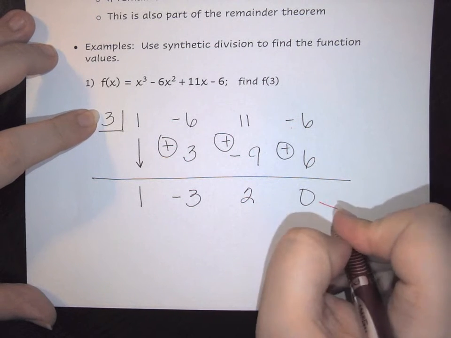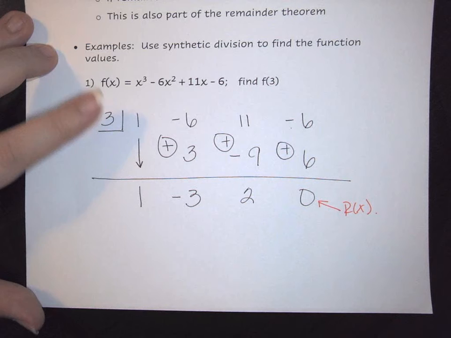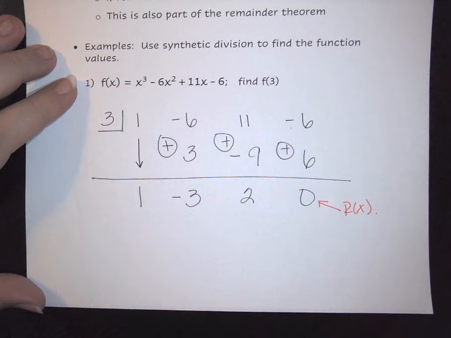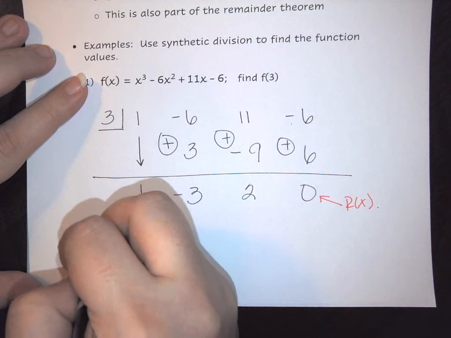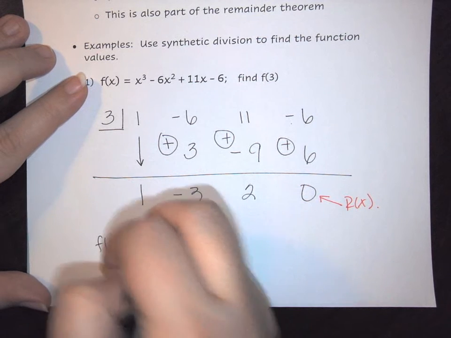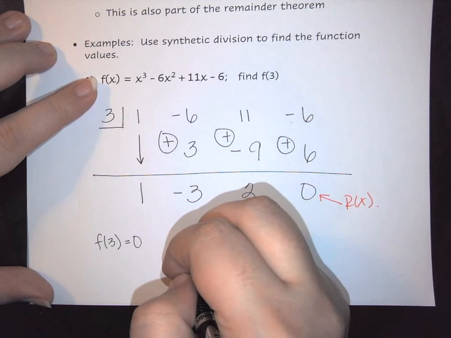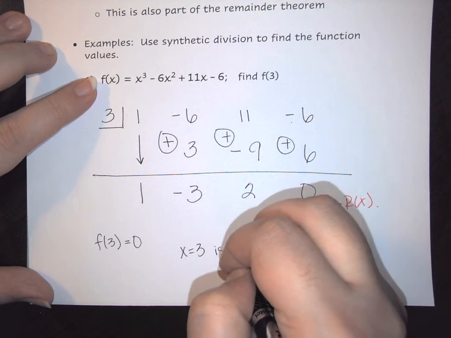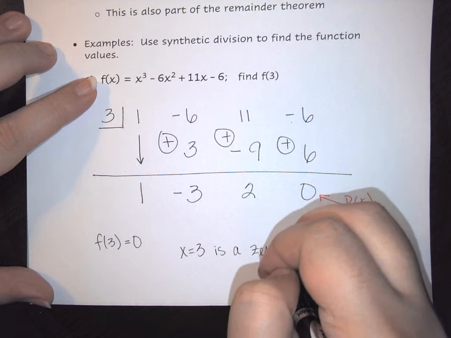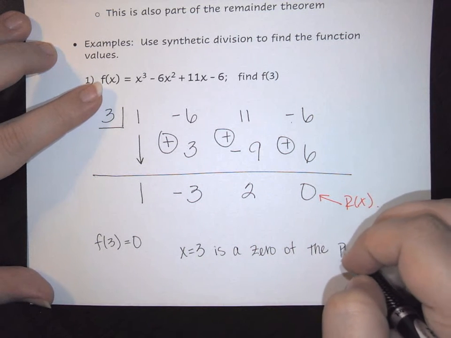This is your remainder. Because that's a 0, what that means is, first of all, f of 3 equals 0, and x equaling 3 is a 0 of the polynomial.